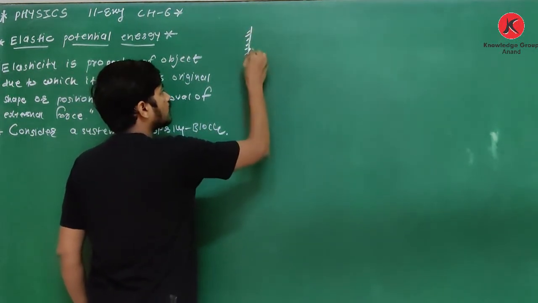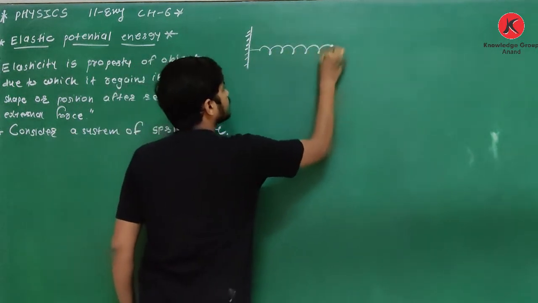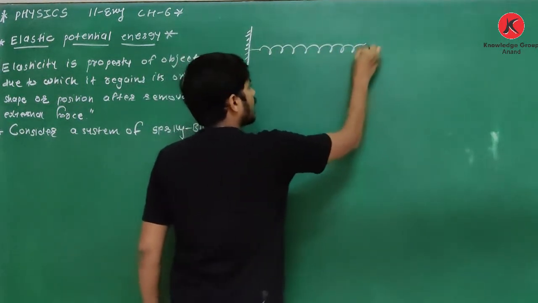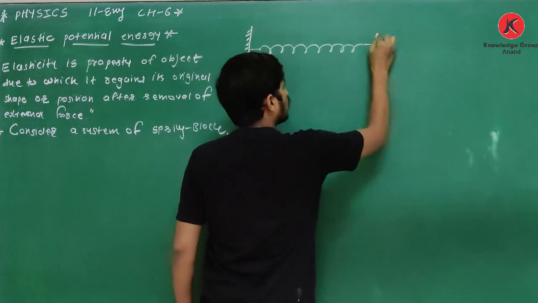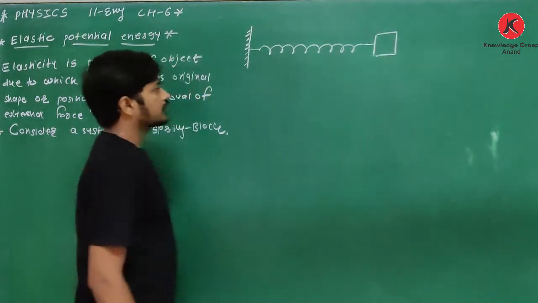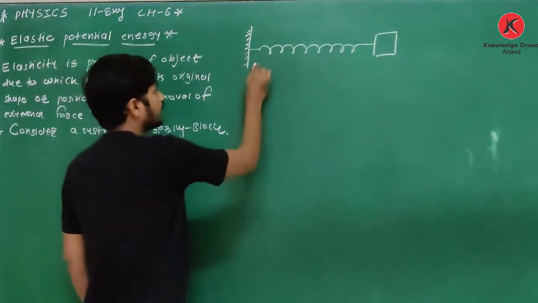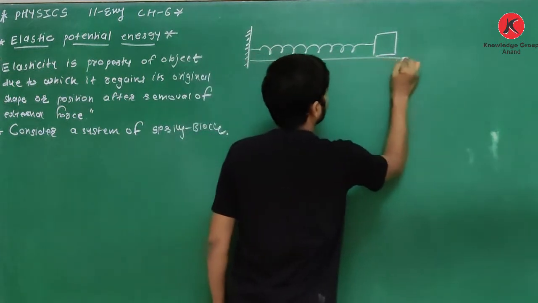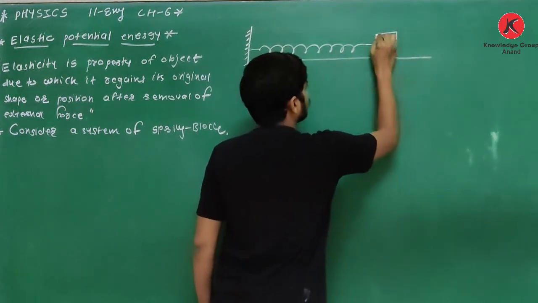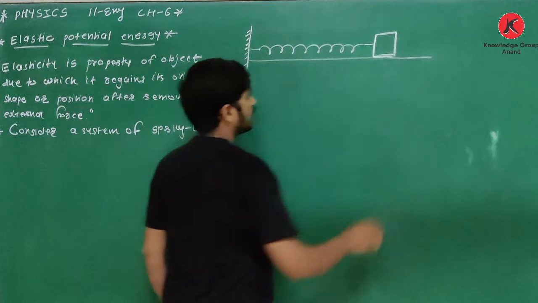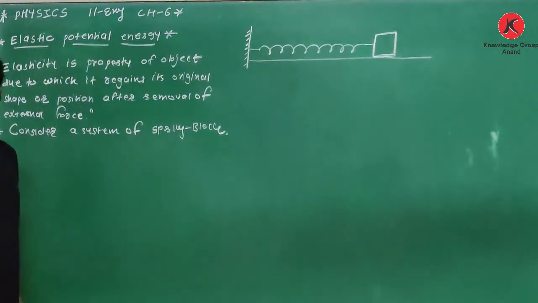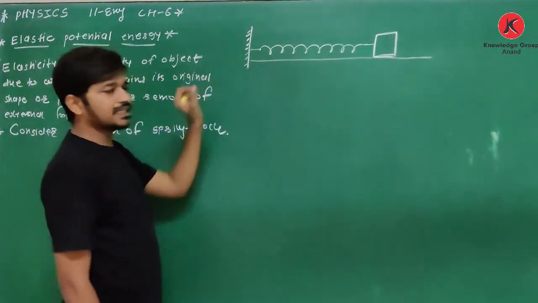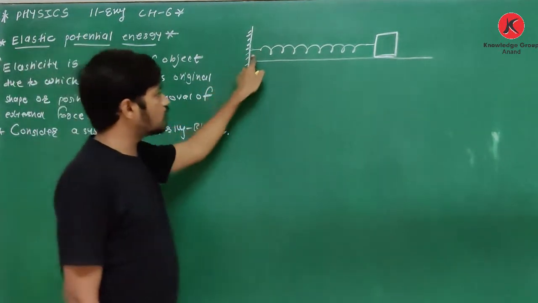With this rigid wall, a spring is connected. At the free end of the spring, one block is connected like this, and it is on a horizontal surface. Clear about this?